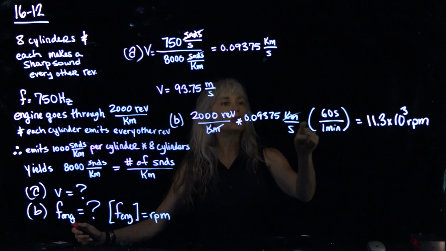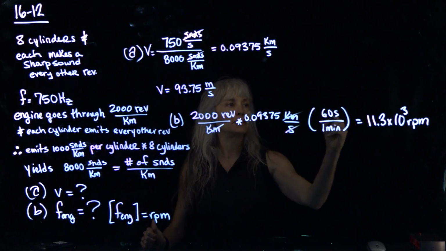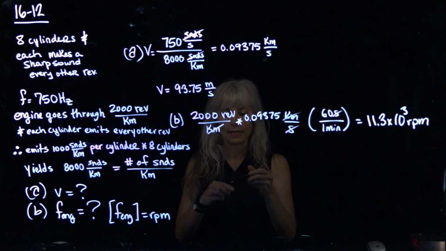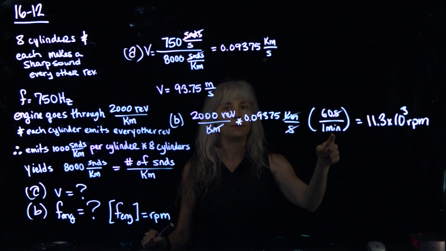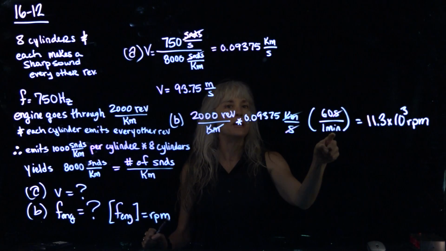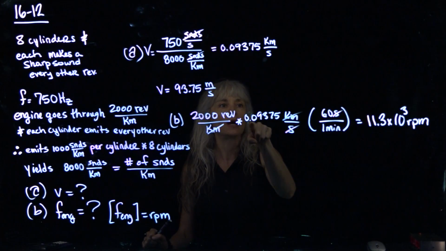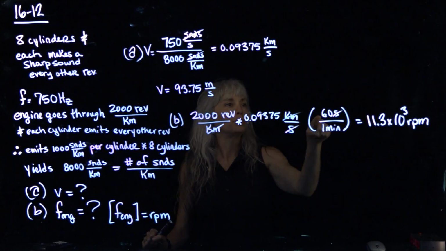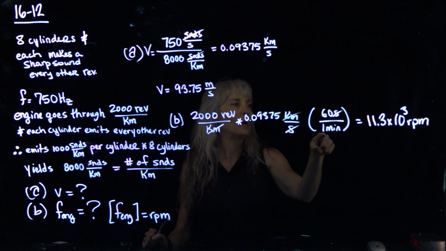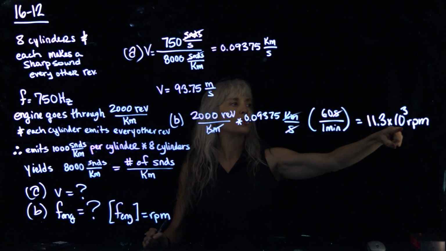So now multiplying to get rid of seconds and get minutes, you see that the seconds will cancel when I multiply by 60 seconds, which is the same as 1 minute. Now we're going to have units of revolutions per minute. So taking 2,000, multiplying it by 0.09375, multiplying that by 60, dividing by 1, gives us 11.3 times 10 to the third revolutions per minute.